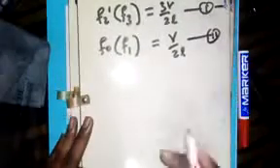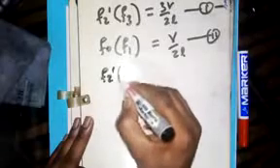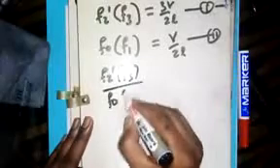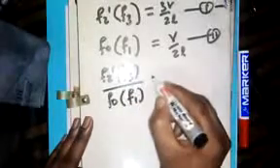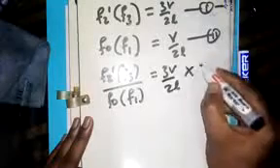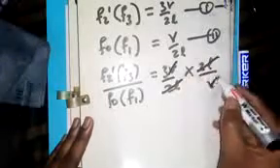Now divide the two equations. We are going to get f2 bar, f3 over f0, which is the same as f1, equal to 3v over 2L times 2L over v. This cancels out.